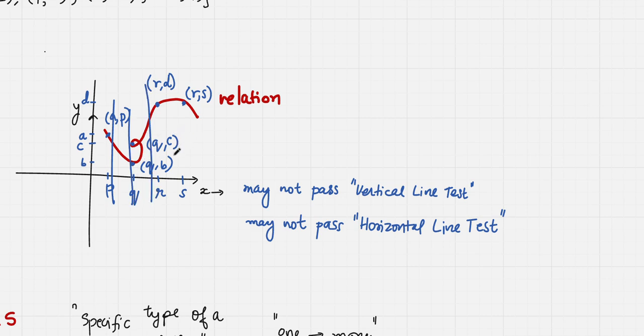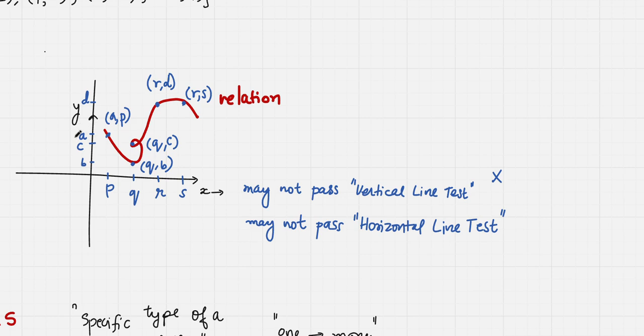These are vertical lines, and if it crosses only one point, that passes the vertical line test, and that must happen for all vertical lines. But clearly this does not happen for this vertical line. It passes through 3 points on the relation curve. So this relation does not pass the vertical line test.